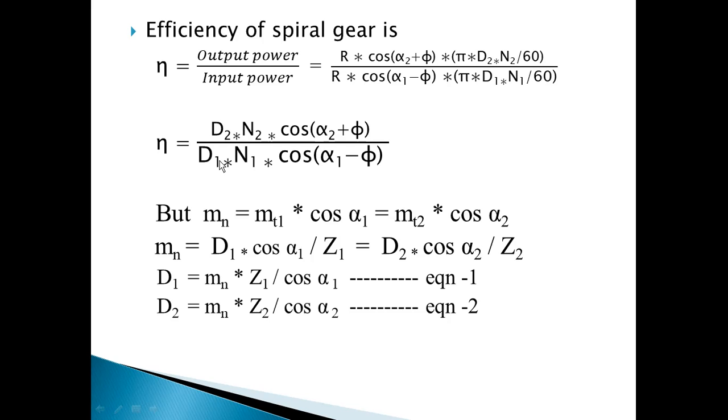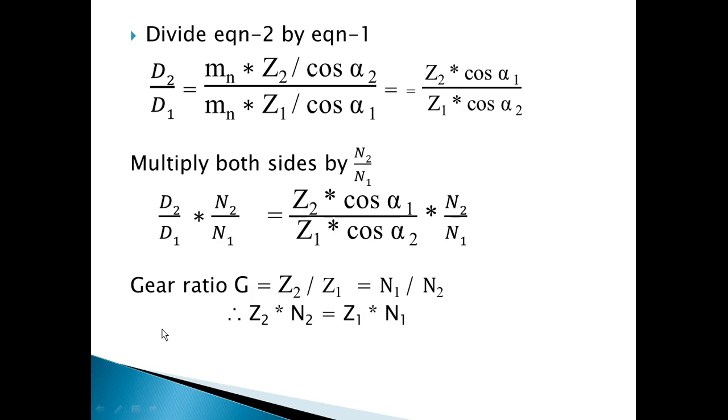Before that, what I have to go? I know that gear ratio is equal to number of teeth on output gear upon number of teeth on input gear, which is equal to input speed upon output speed.